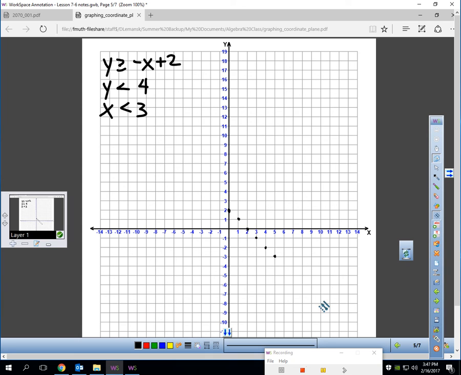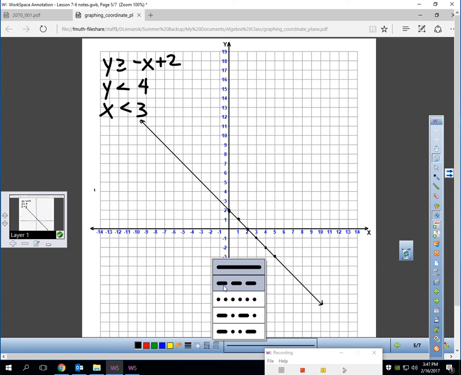Next, y less than 4. Well, I need a dotted line, and remember, the y values are right here at 4. So dotted line here at 4.